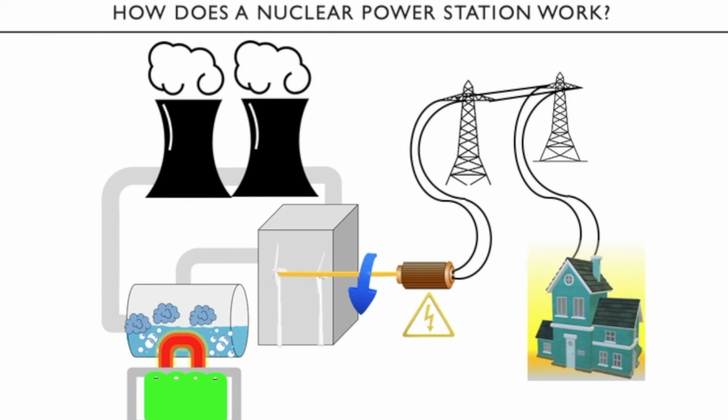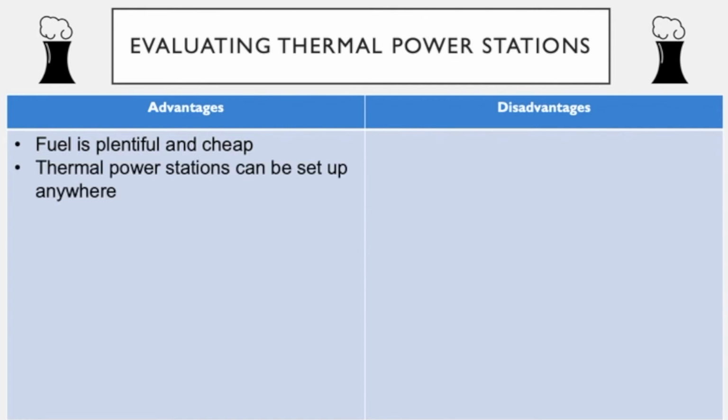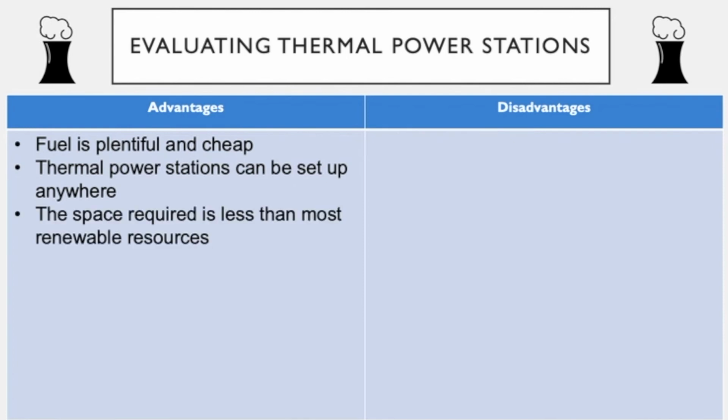Okay, so let's have a look at some of the advantages and disadvantages of using different types of thermal power station. So advantages might be that for thermal power stations, generally fuel is plentiful and cheap. Thermal power stations can be set up anywhere that you like, anywhere that you need them. The space required is less than most renewable resources.